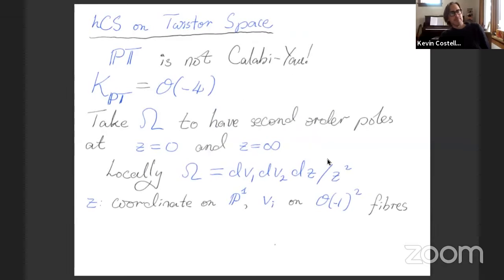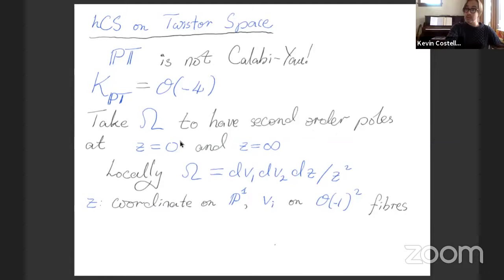However, of course, I want to put this in twistor space. Unfortunately, twistor space is not Calabi-Yau. Twistor space is an open subset of CP3, so its canonical bundle is O(-4). Well, to solve this problem, we have to take our volume form, omega, which enters the holomorphic Chern-Simons Lagrangian, to have second order poles at 0 and infinity.